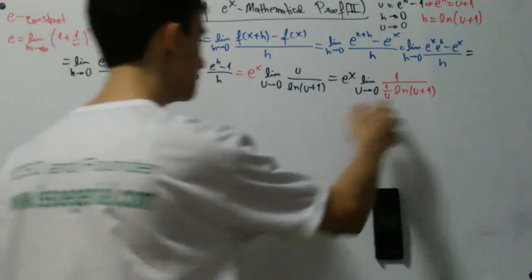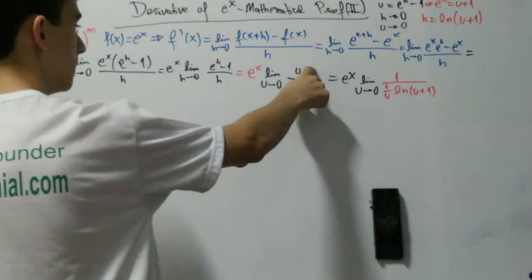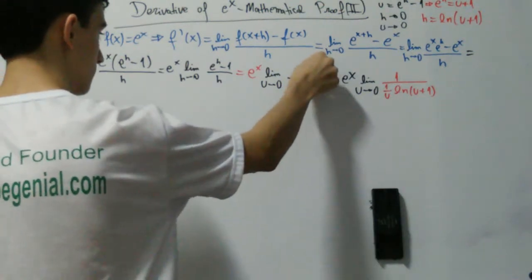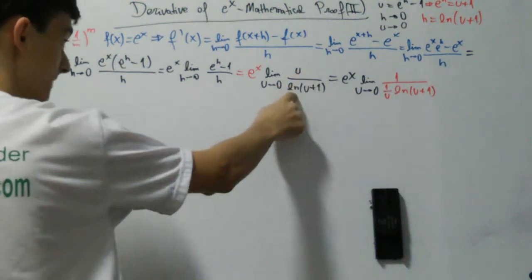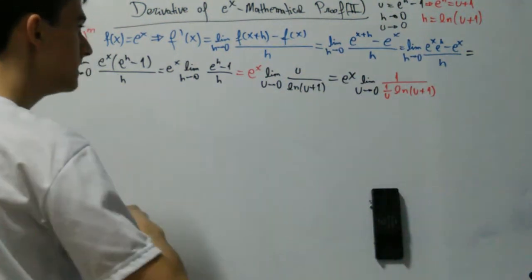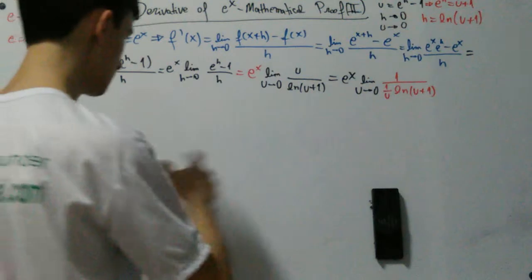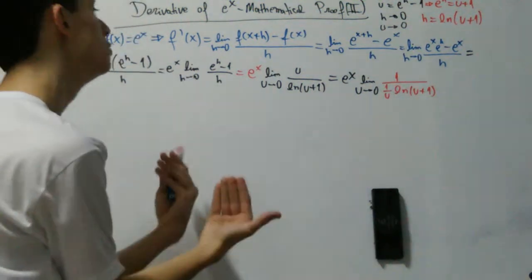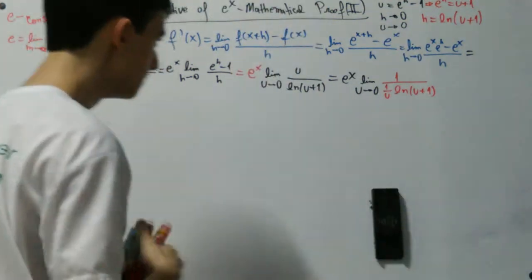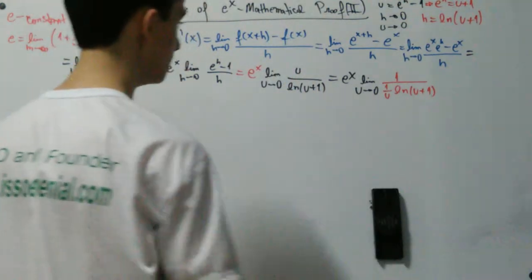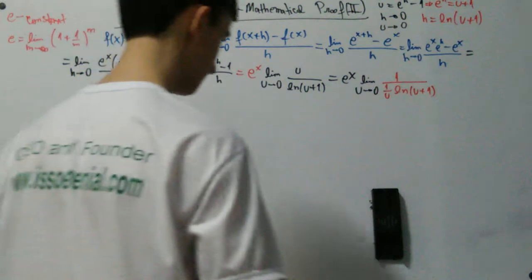And why can we do this? We have a number here, the denominator of the fraction. We can put this in as a denominator, raising it to -1. So, multiplying by u is the same thing as dividing by 1 over u. This is just a math manipulation.